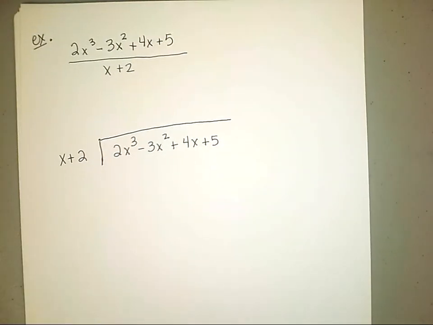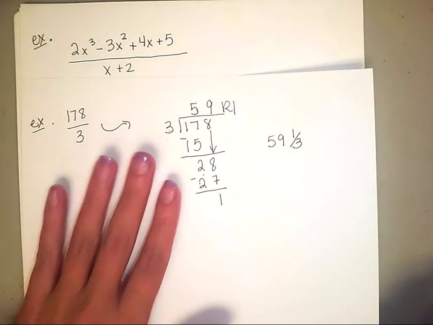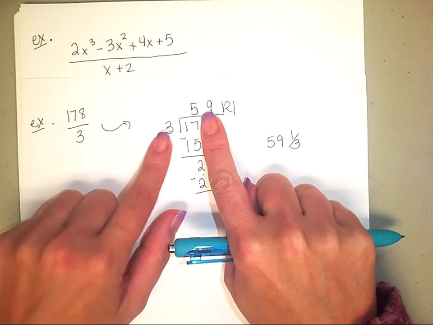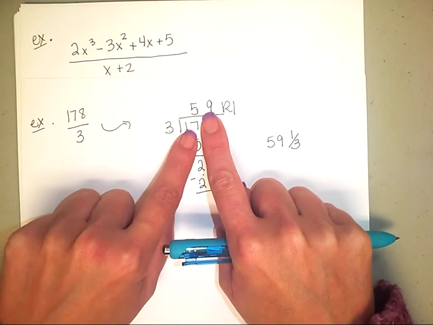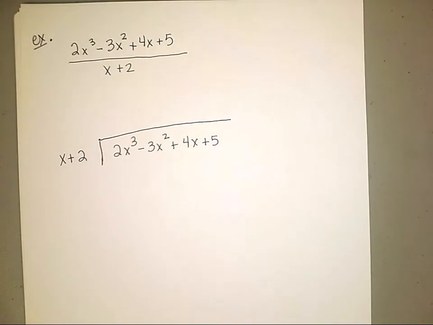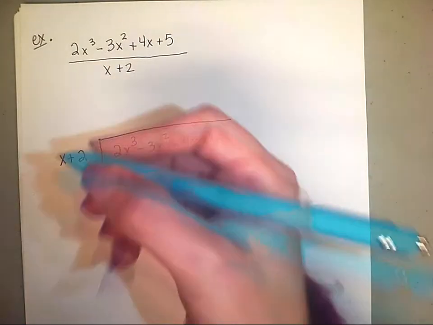Now the way we're going to do this is the same way that we did long division of numbers. When we had long division of numbers, we asked ourselves how many times does 3 go not into the entire thing, but into just the first part. So the similar thing will happen here.